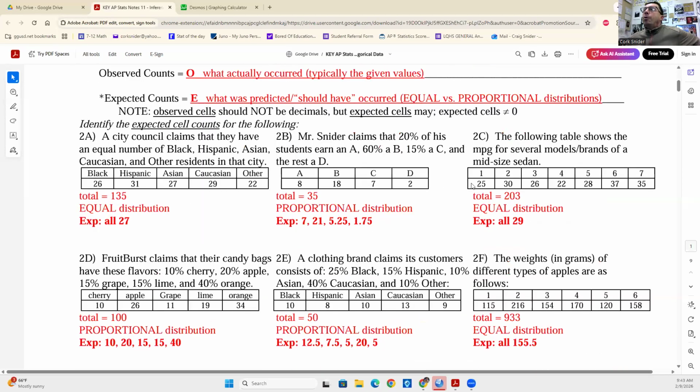I'm going to go to this problem right here with these 4 problems. Okay, O minus E squared divided by E. So for the first one, it's going to be 8 minus 7 squared divided by 7.